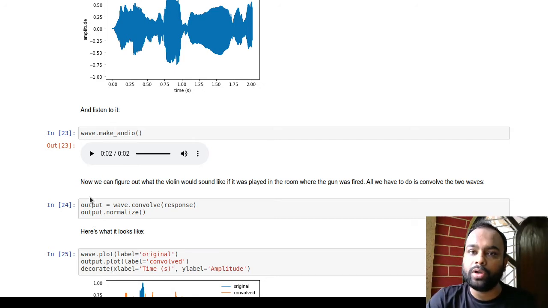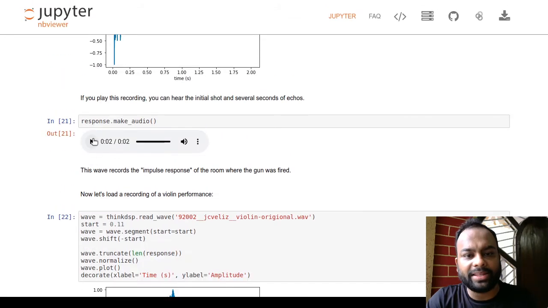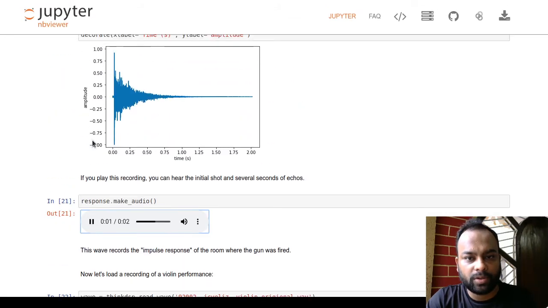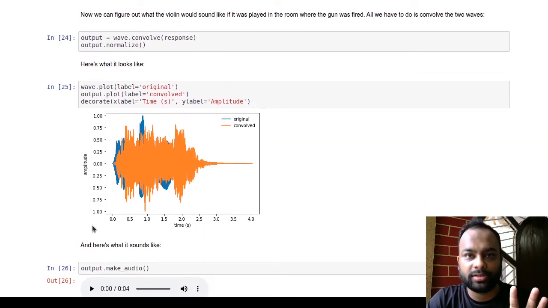So what would I do? Instead of playing my violin in an empty hallway, I could take this audio where I'm playing the violin in a regular room, and this audio, which is the impulse response of an empty hallway, right? And do a convolution.